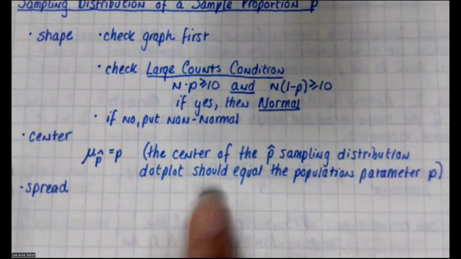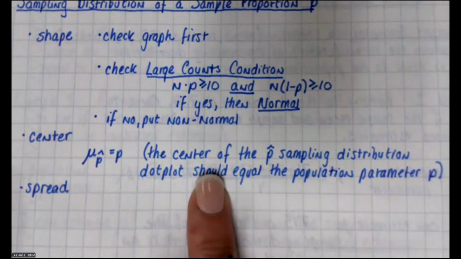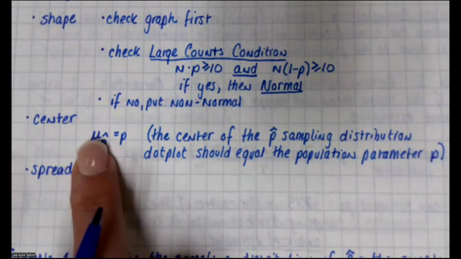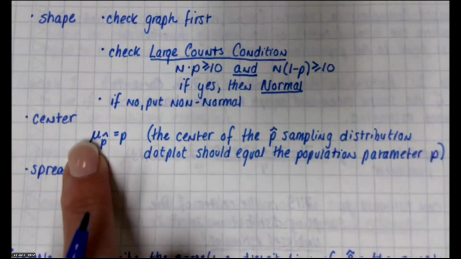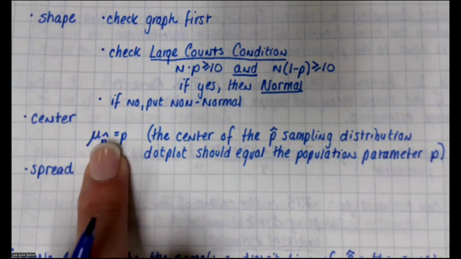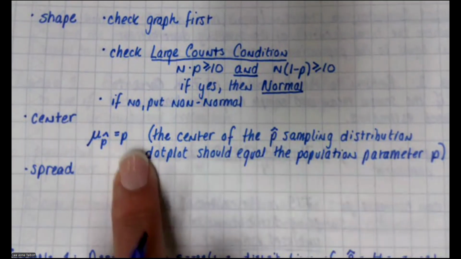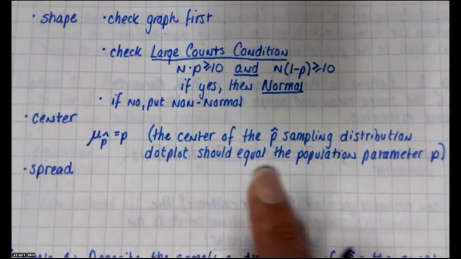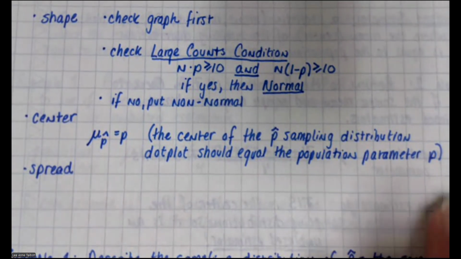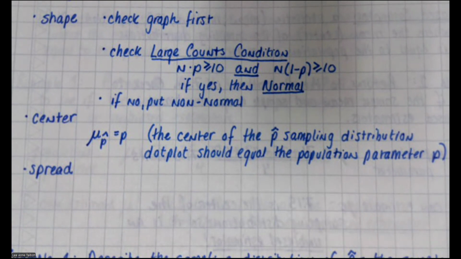Okay, so I just summarized my 2 days worth of teaching right here. So there's the formula from the sheet. And what this is saying in words is the center of the p-hat sampling distribution dot plot should equal the population parameter p. Is it going to be perfect?